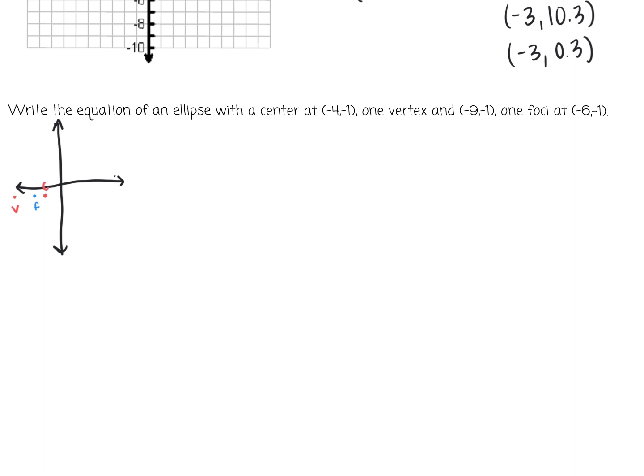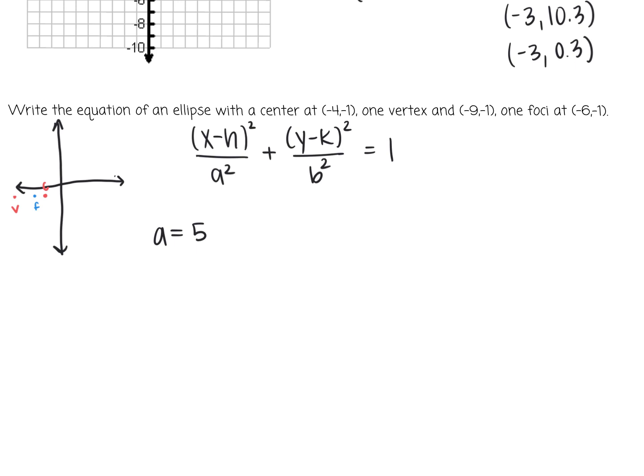So because my vertex is to the left of my center, it tells me that my major axis is my x-axis, which means I'm going to be using the equation (x minus h) squared over a squared plus (y minus k) squared over b squared equals 1. We know a, so the distance from my center to my vertex is going to be 5.